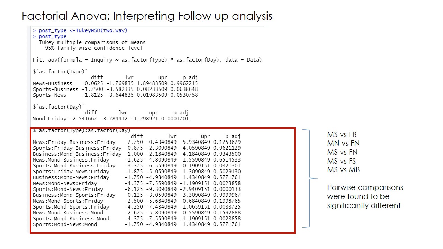If it is significant, then you have to go directly to this table, factor type by factor day. In your case, when you're running it, there might be different variable names, so you have to focus here. But in case your interaction is not significant, then you will go to the main effects.